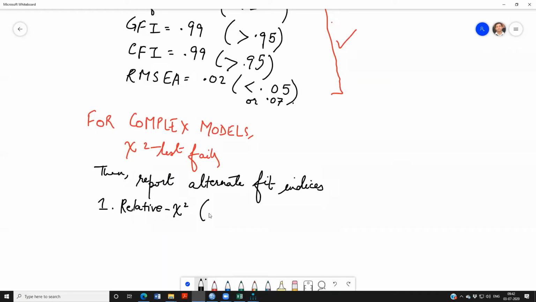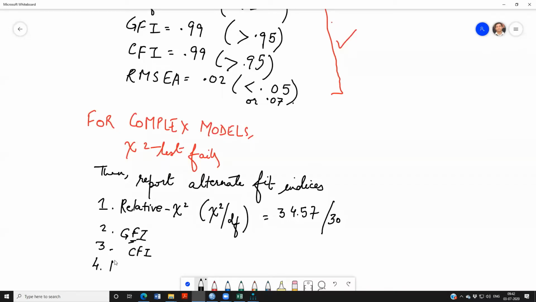which is given by chi-square divided by the degrees of freedom. So in our case, it will be 34.57 divided by 30. Then the second one is you should report GFI, CFI, and RMSEA.